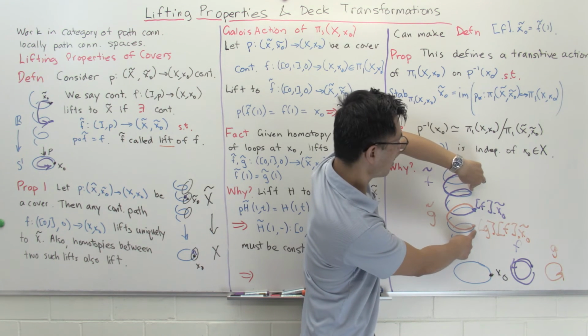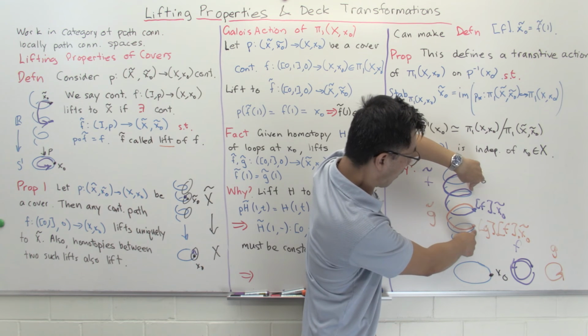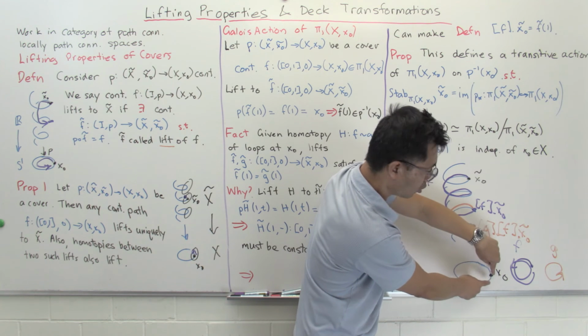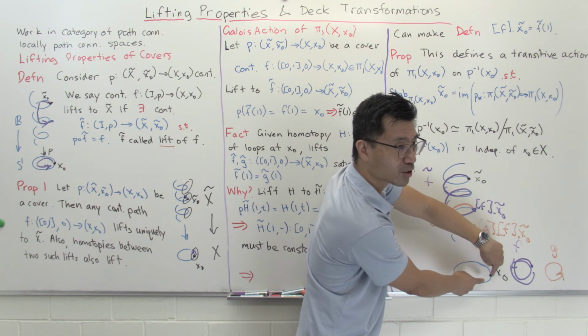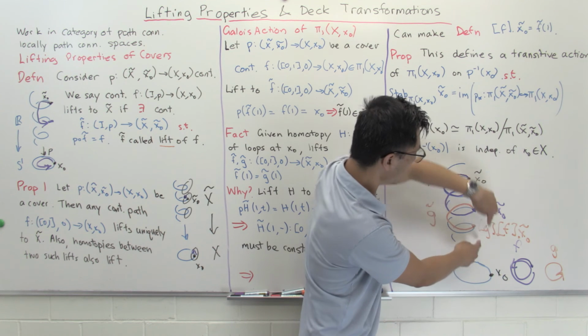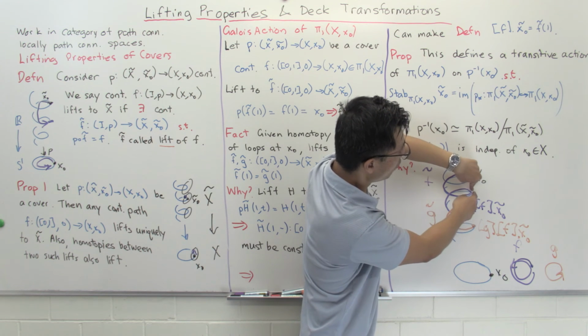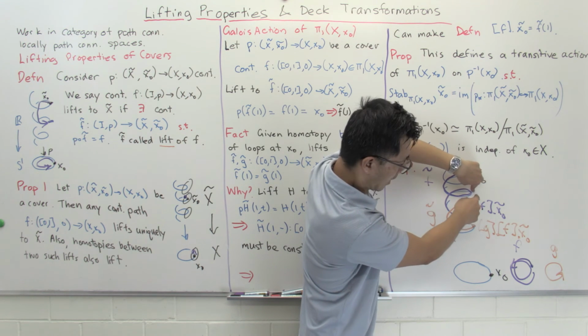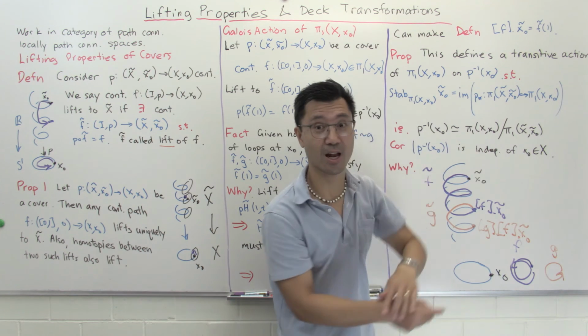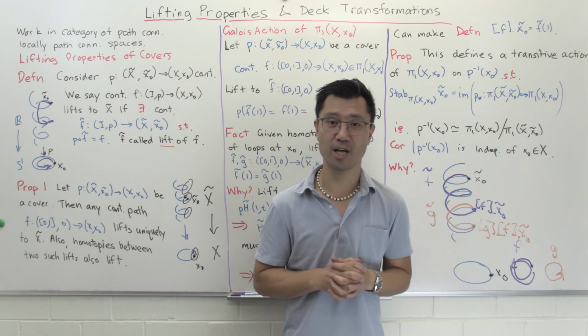You take that path, and if you map this path down to x downstairs, of course, that's going to give you a loop whose lift is the original path that you have. So that means that you can use that path to move from any one element in the fibre to any other element in the fibre. And that gives you transitivity.